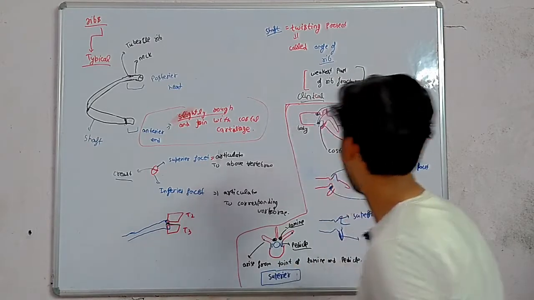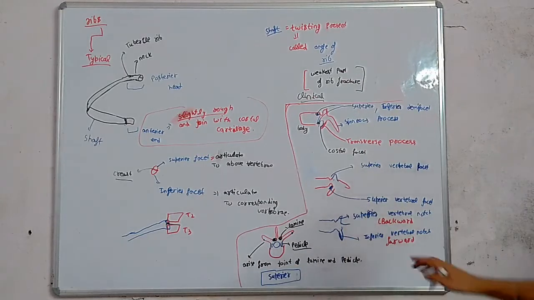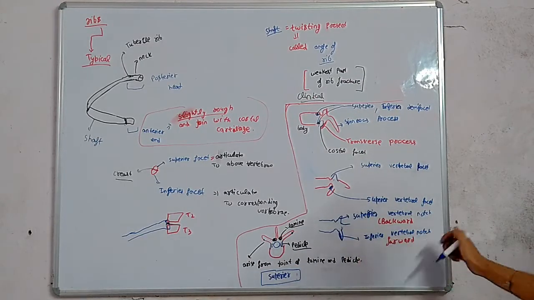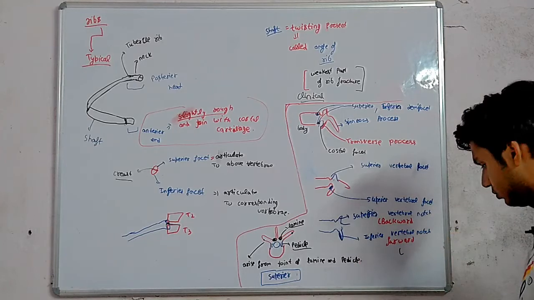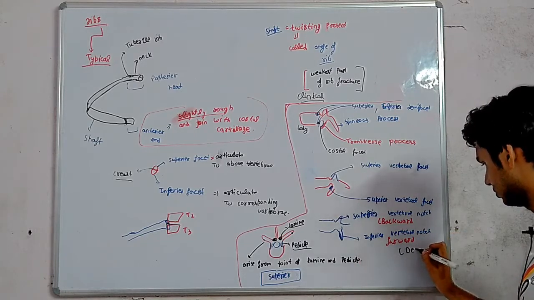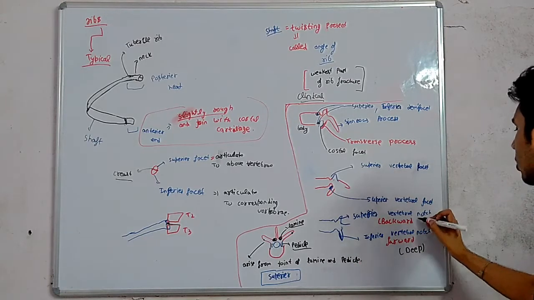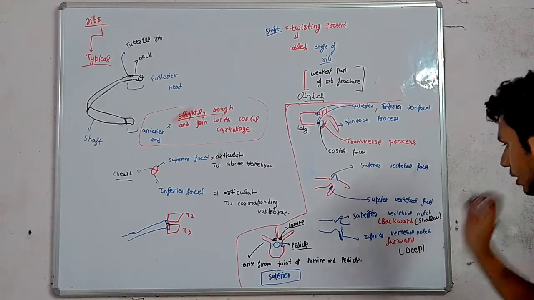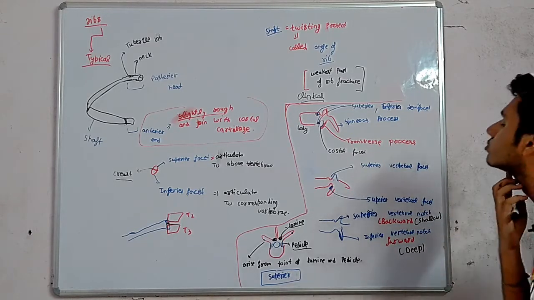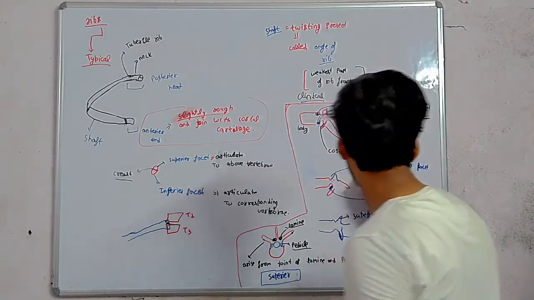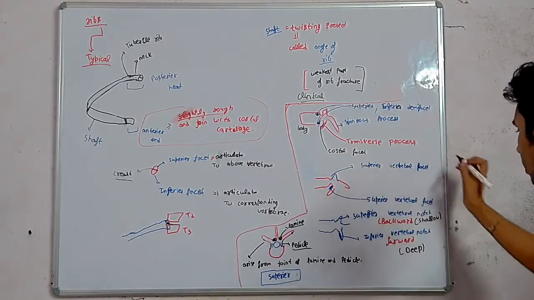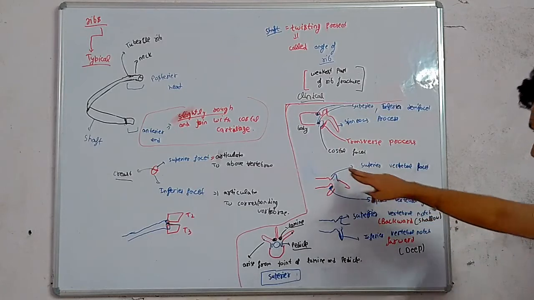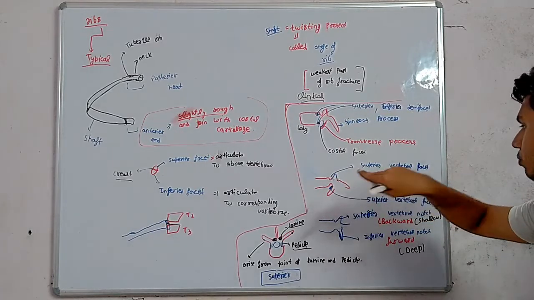Done. Now, first important marking: the inferior vertebral notch is more deep and the superior is shallow. It faces backward. Sorry, superior vertebral facet.